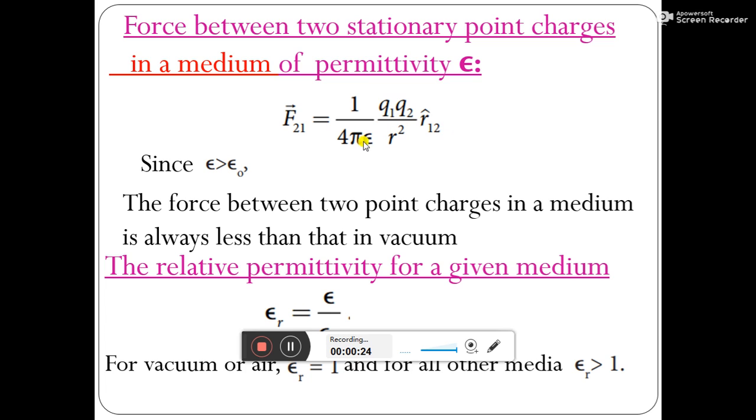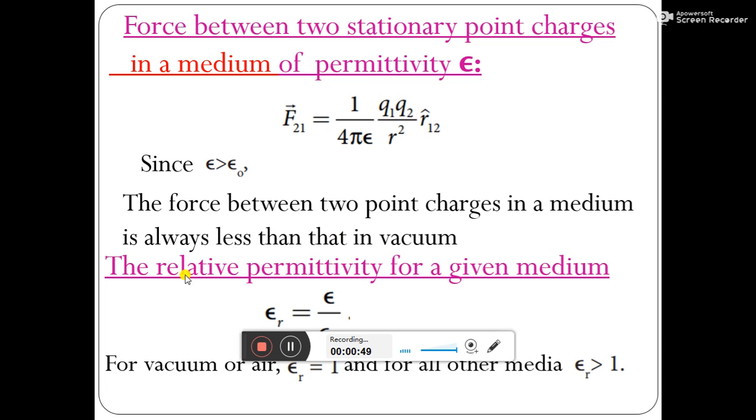Here, epsilon is nothing but the permittivity of the medium. This permittivity of the medium epsilon is always greater than the permittivity of free space epsilon naught. Therefore, the force between two point charges in a medium is always less than that in vacuum.